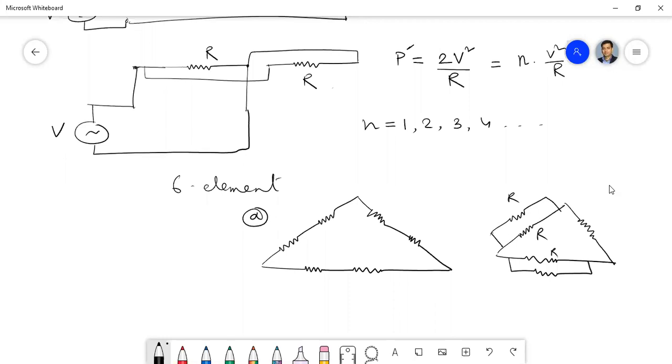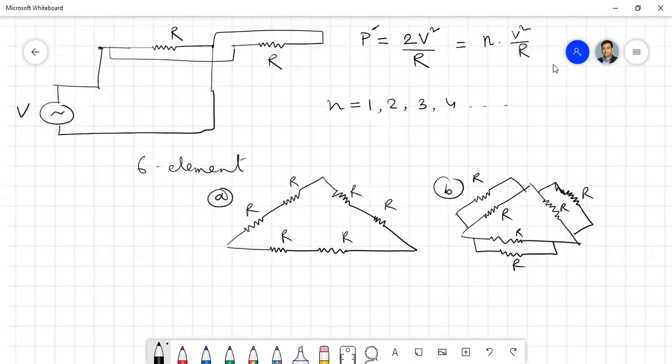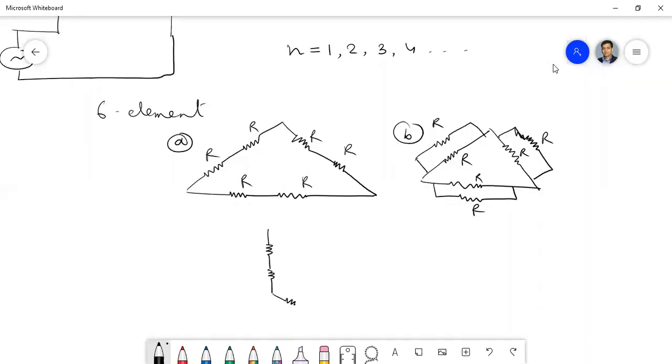Here all elements are equal to R. Another combination, if we make star out of it, or if I make parallel star out of it, so that means there will be 4 possibilities, and that means with the 6 elements we can get 4 combinations or 4 different heats.